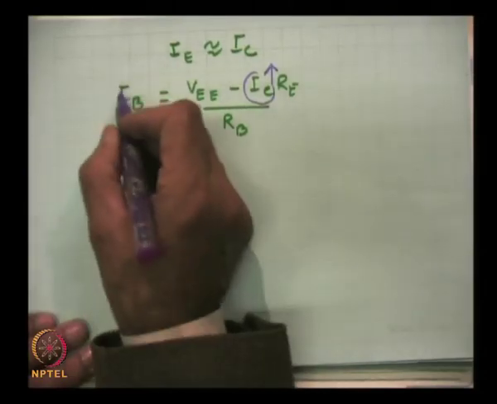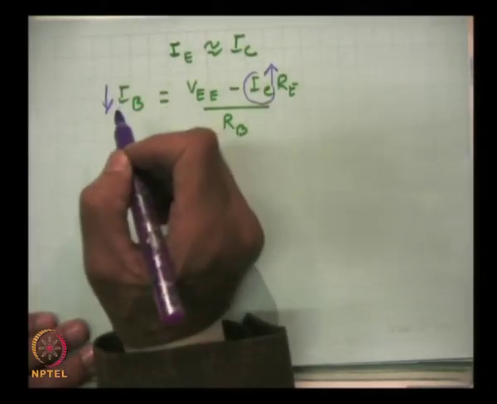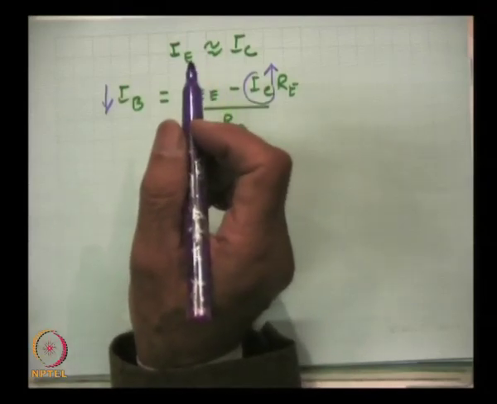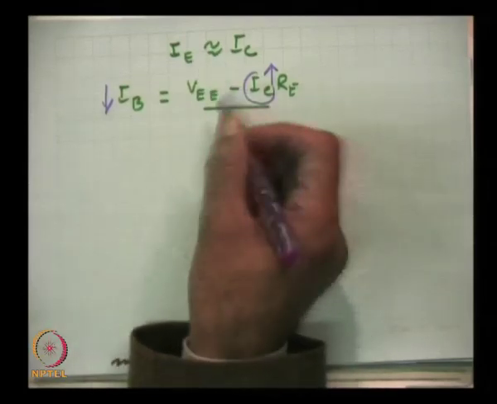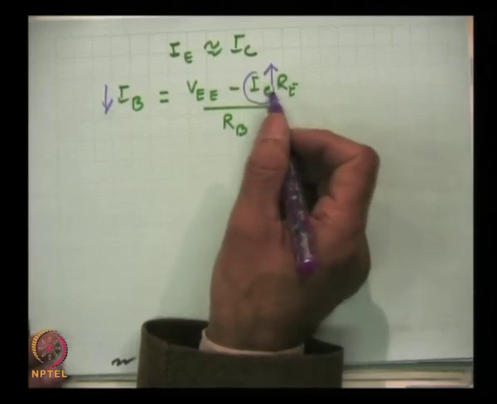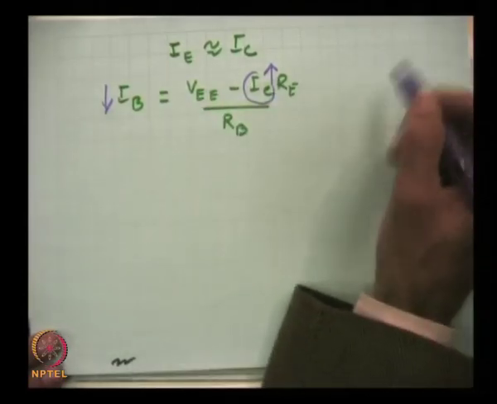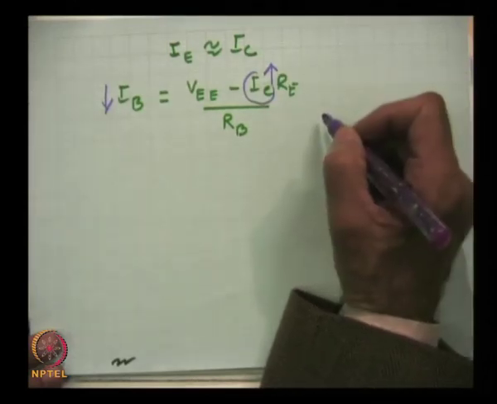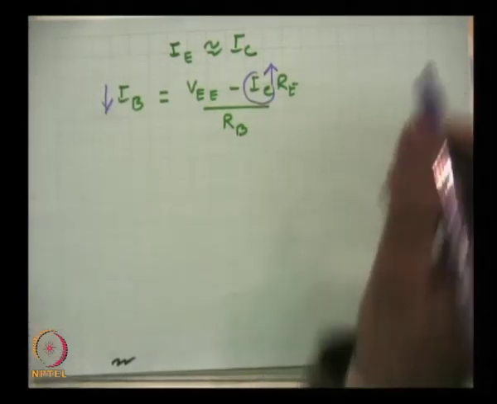As a result, IB will fall, and this fall in IB will take care of the rise of this current, because again the output characteristics, if you look, if IB falls, the corresponding IC also falls.